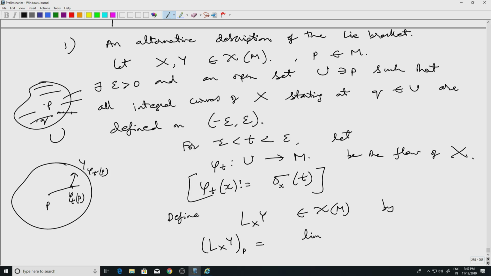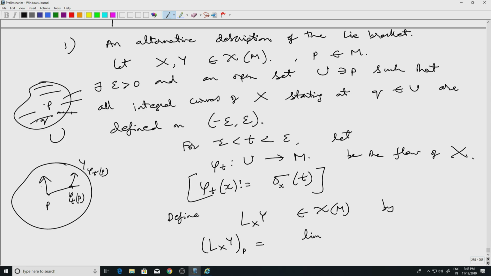Now what I'll do is I'll use phi minus t. So move back along the flow starting from here and end up back here. You take the derivative of that, and that derivative will push this particular vector to something here.